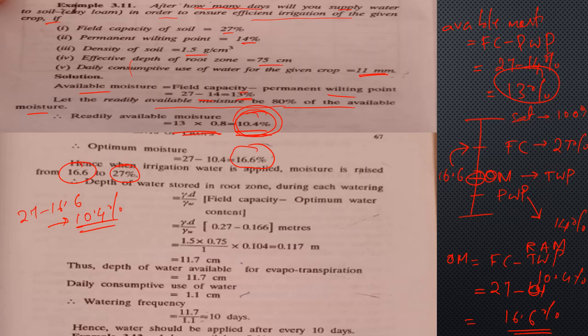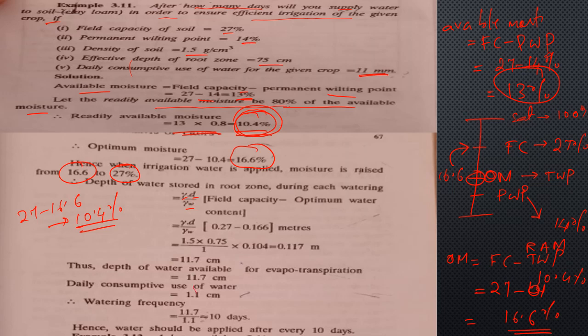So for that we know the equation, that is gamma into d, that is d is the root zone depth, gamma is the unit weight of dry soil and gamma w is the unit weight of water into field capacity minus optimum water content.